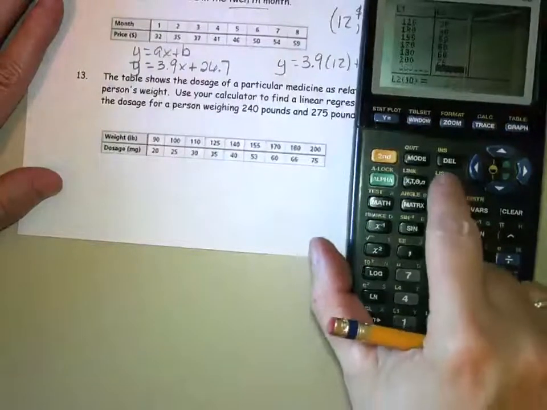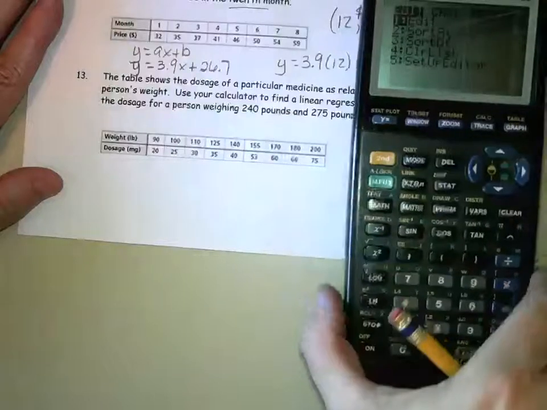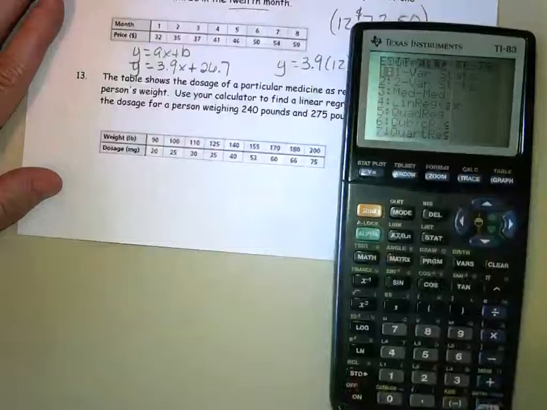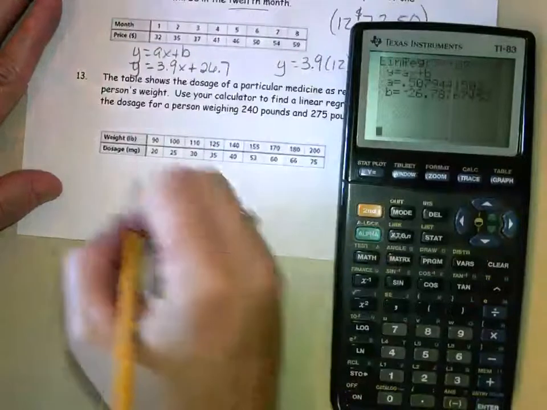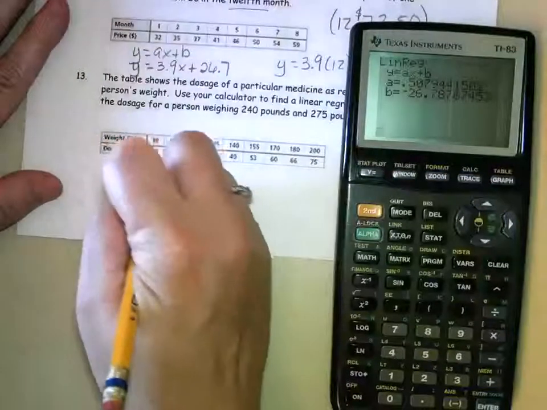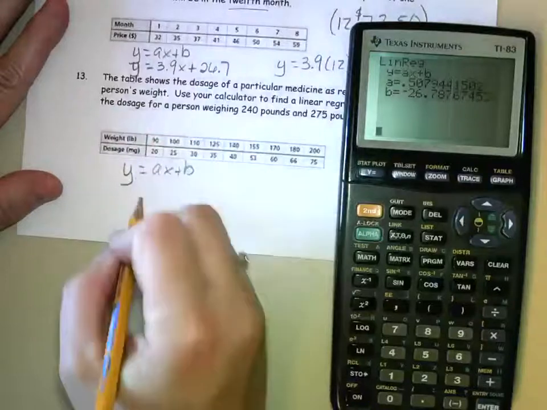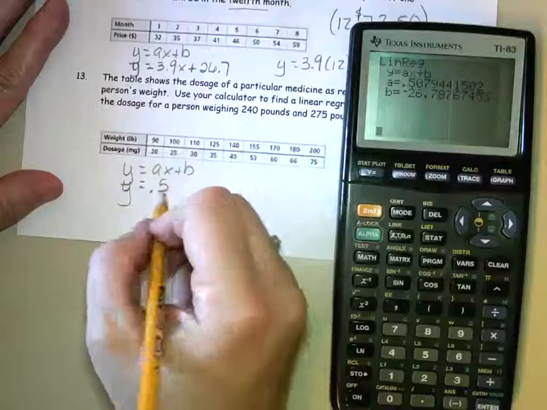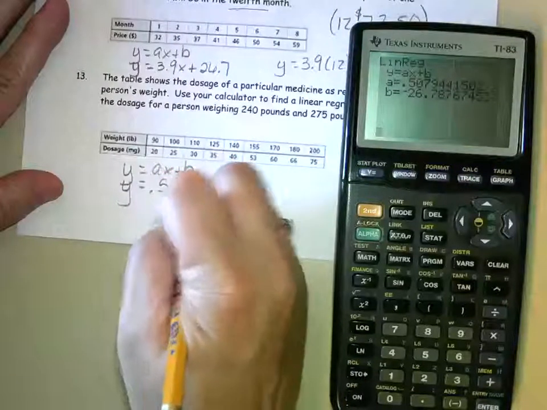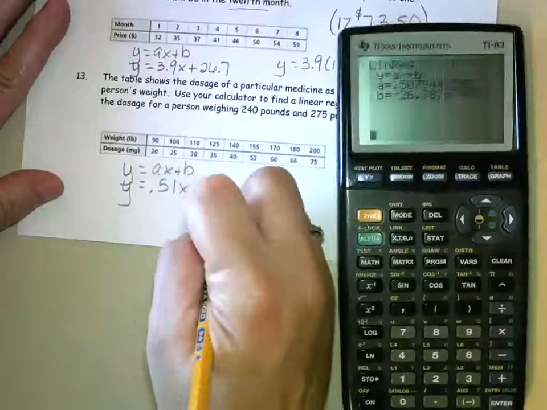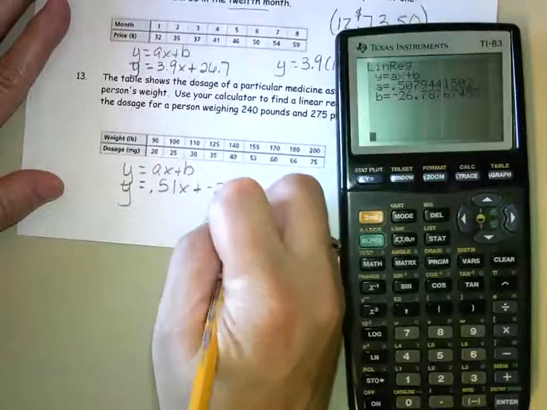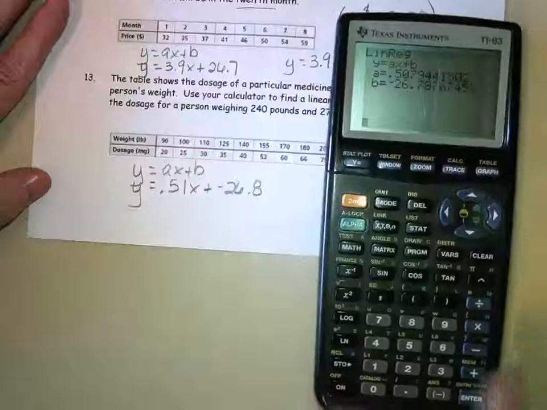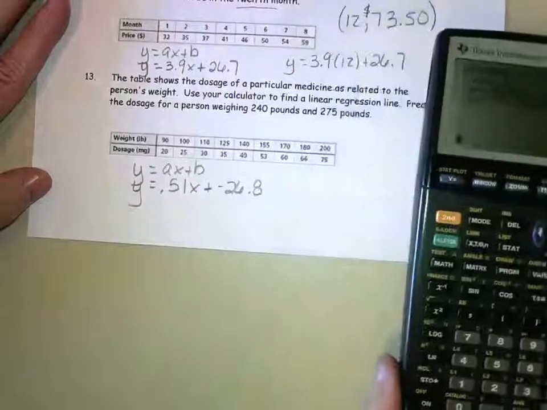Then you go back to Stat, over 1 to calculate, and we want number 4, which is the linear regression line, and they give us ax plus b, which is 0.51x plus a negative 26.8. And I would think the first decimal point would be fine. And there's our linear regression line.